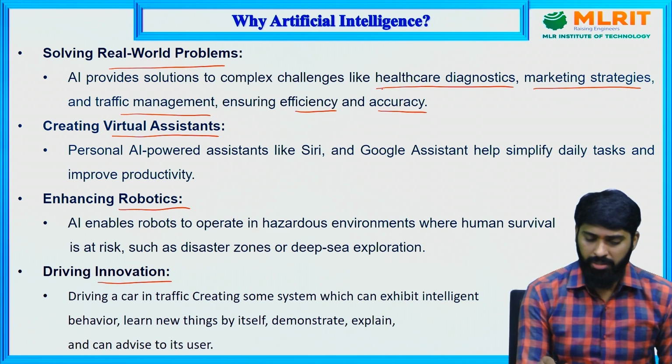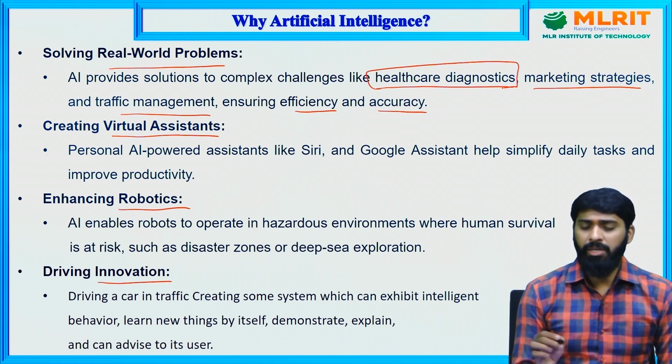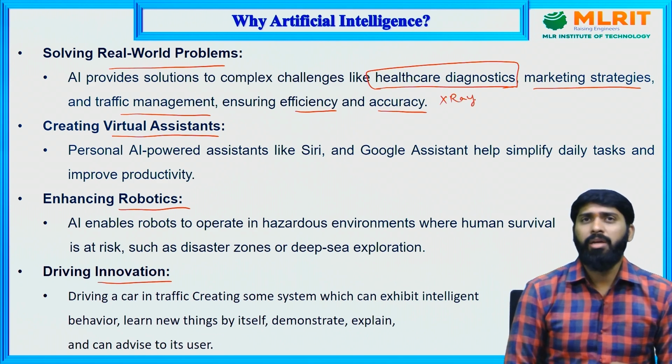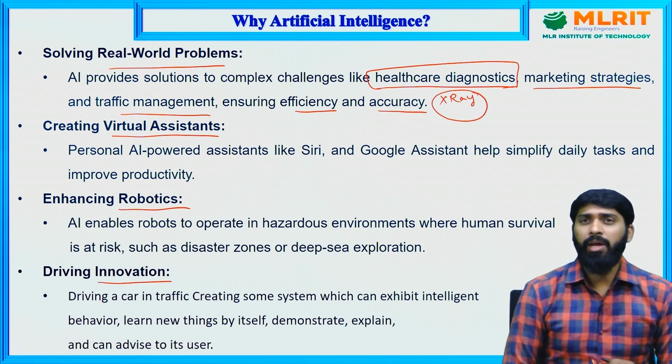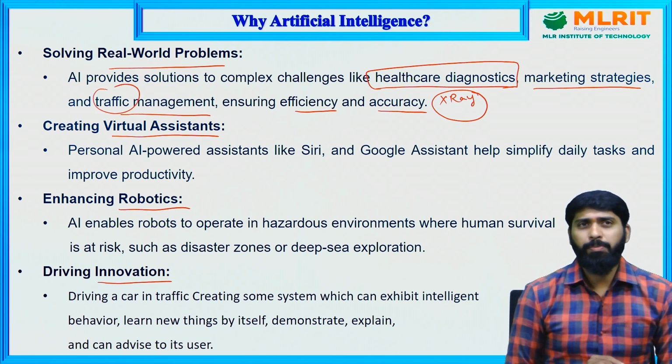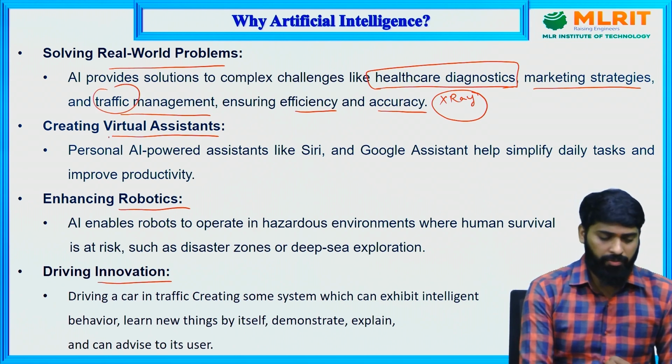For example, consider healthcare diagnosis. If you use an X-ray as input, based on this picture the AI model will diagnose the disease. Another aspect is creating virtual assistants. I hope you all know about these virtual assistants.